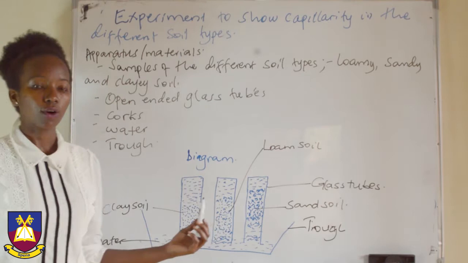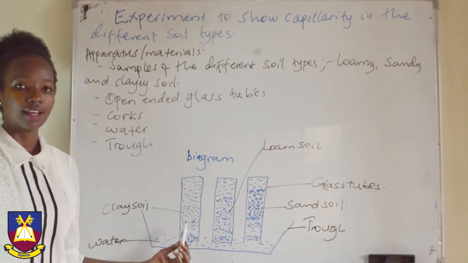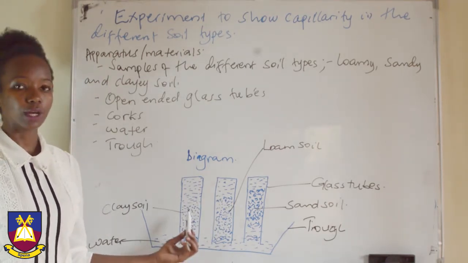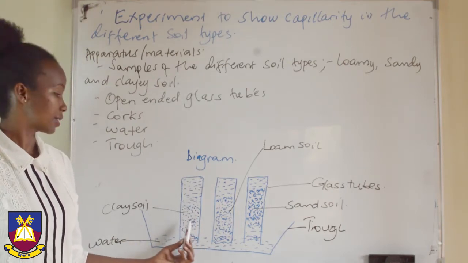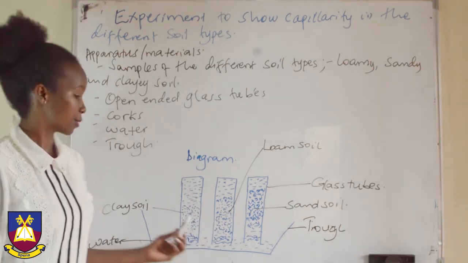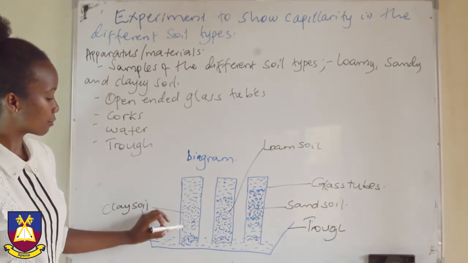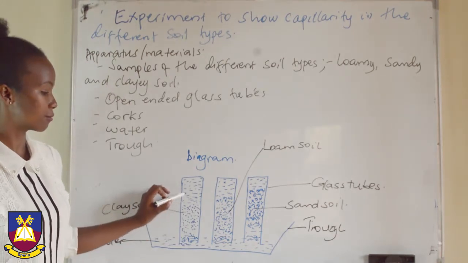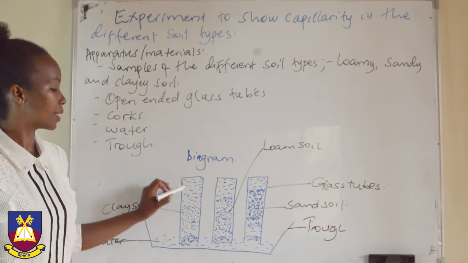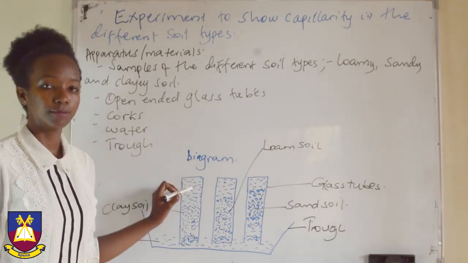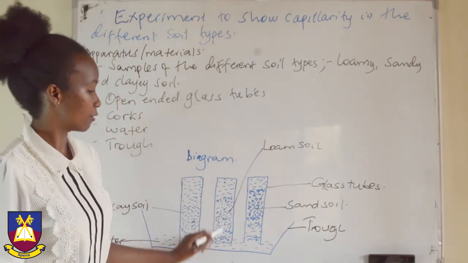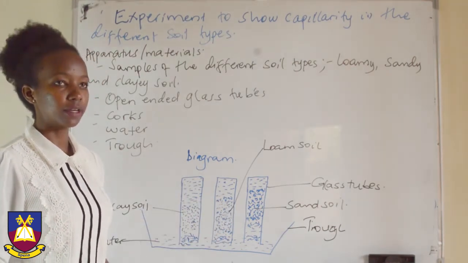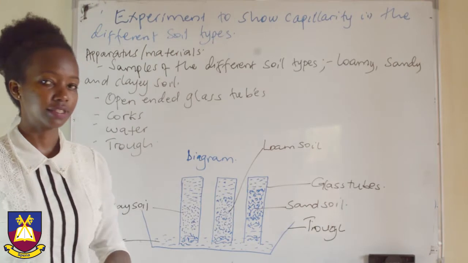Now, although clay soil takes the largest amount of time for capillarity to take place, it's where most of the capillarity actually takes place, because we see that in the end it has the most amount of water that passed through the particles to the end of the glass tube, followed by loamy soil, and then followed by sandy soil.